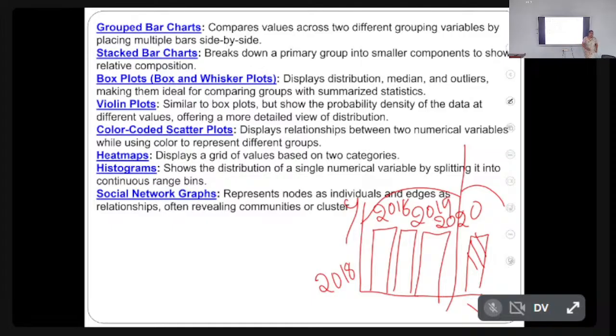All of you, grouped bar charts means, put the diagram. Write down an XY graph in the years 2018, 19, 20.